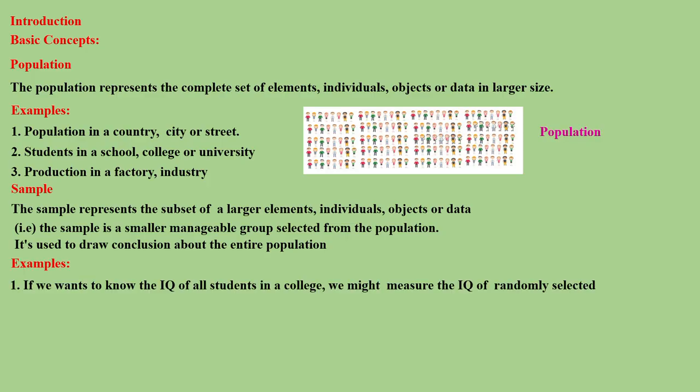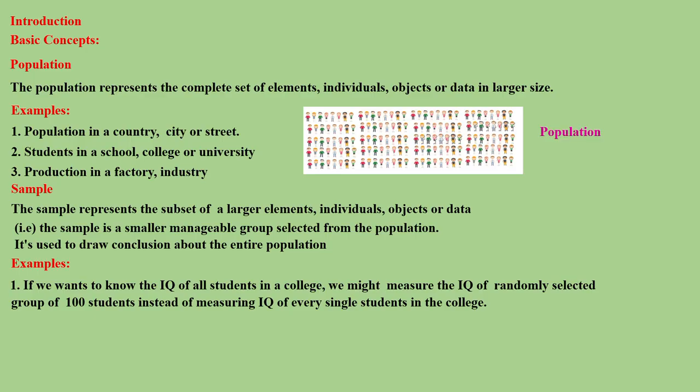If we want to know the IQ of all students in a college, we might measure the IQ of a randomly selected group of 100 students instead of measuring the IQ of every single student in the college. There are 5000 students in a college. If you go through each and every student, it will take more time. It is not possible at all to check all 5000 students.